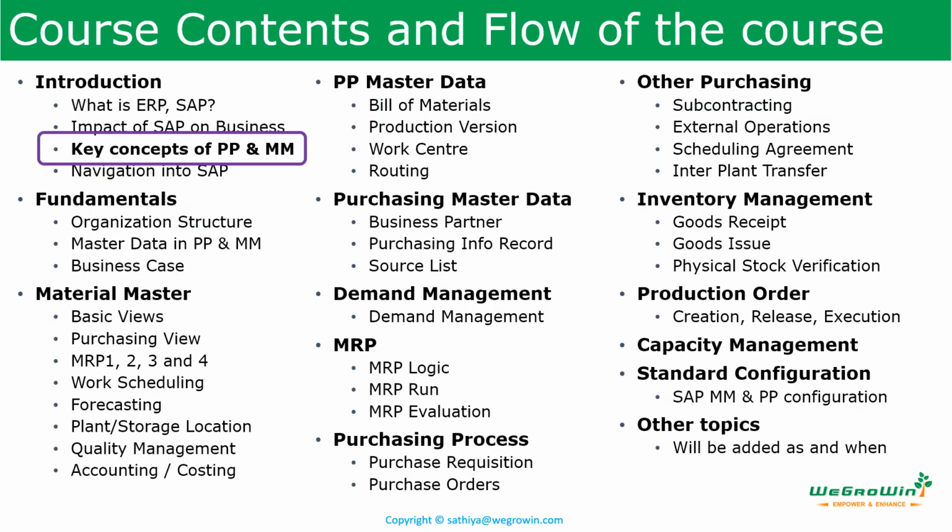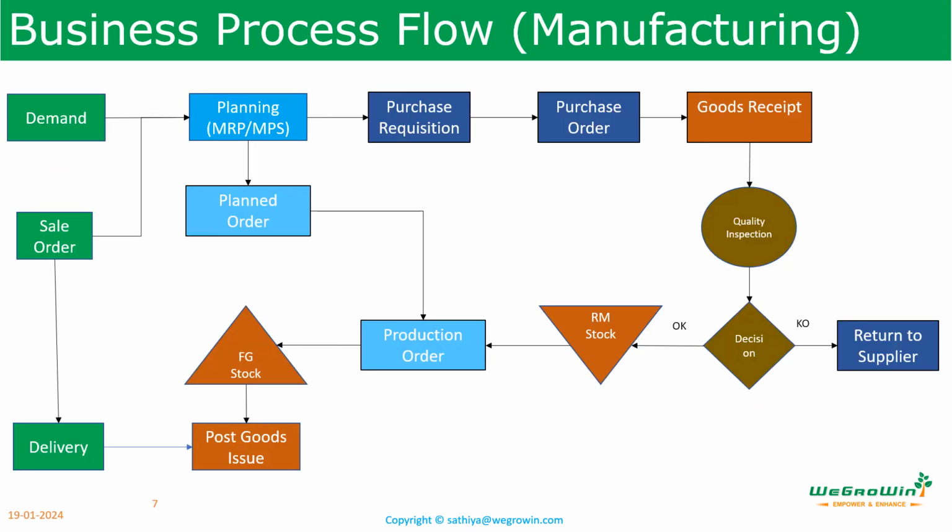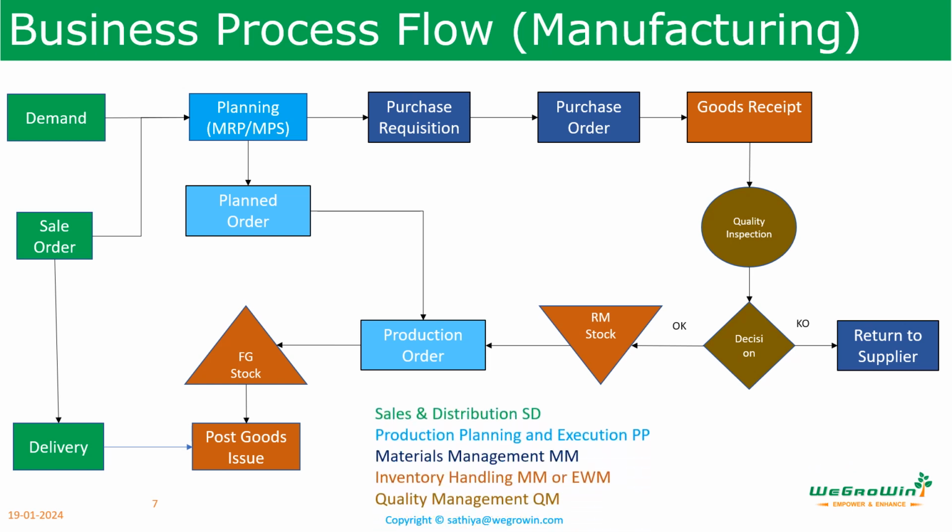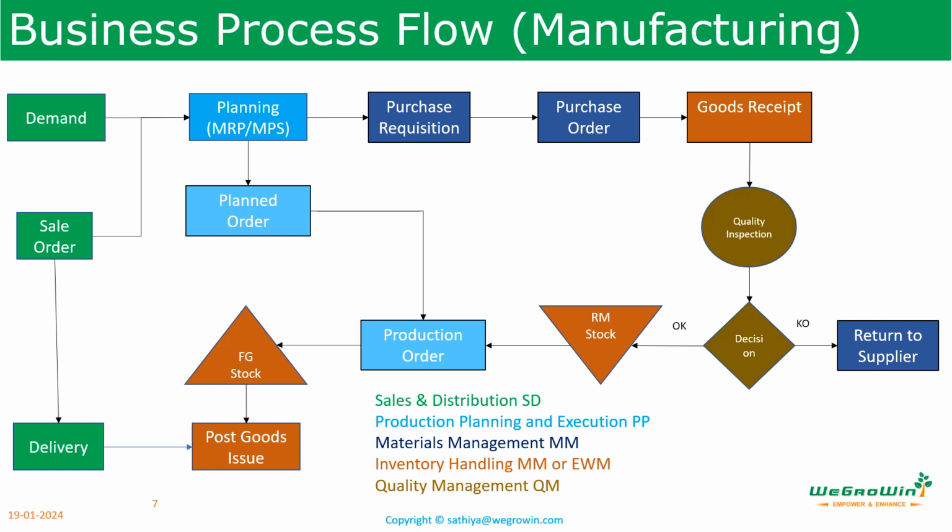So we'll continue the course by understanding the key concepts of the PP and MM modules. In a previous session on the impact of SAP on business processes, we went through the typical business process flow, especially related to manufacturing.